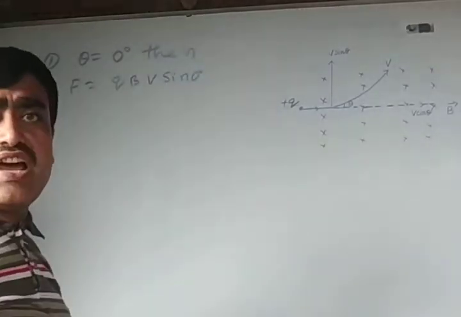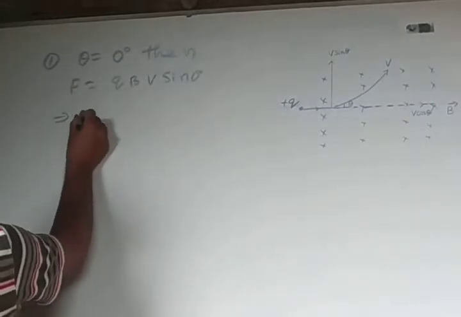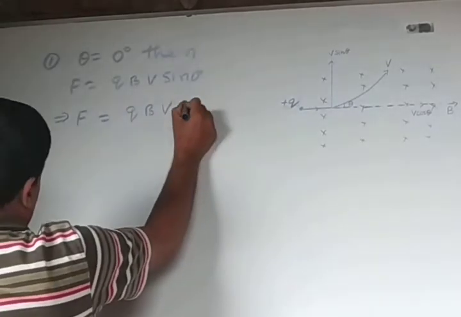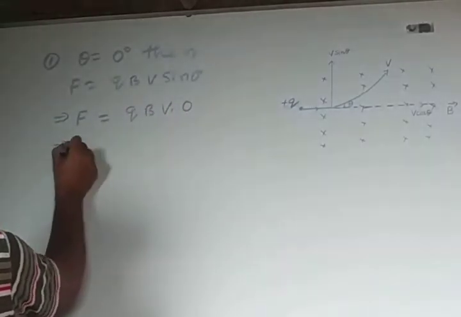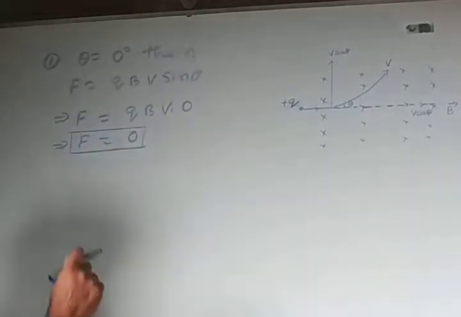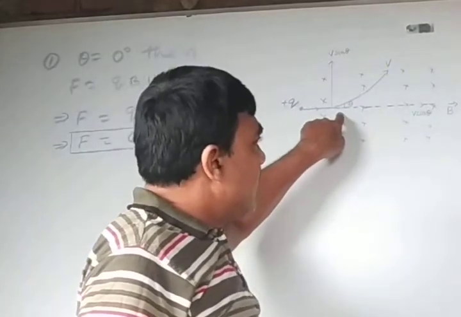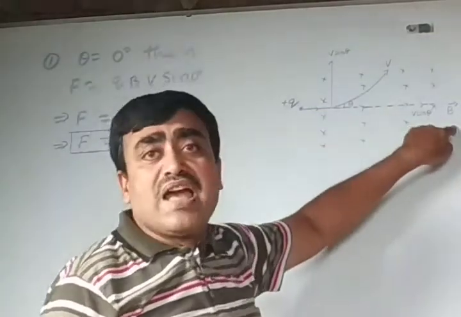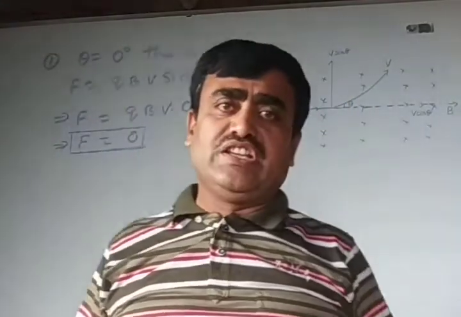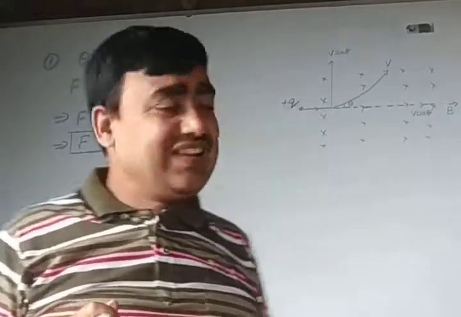Do you know the value of sin 0 is 0? That implies F is equal to Q B V into 0. Therefore, F is equal to 0. Hence, this shows that if the direction of velocity of the charged particle and magnetic field is the same, then no force is acting on the charged particle.